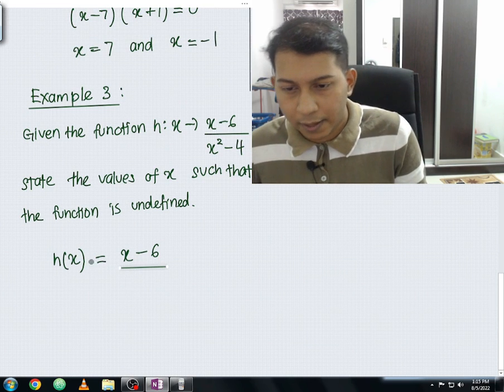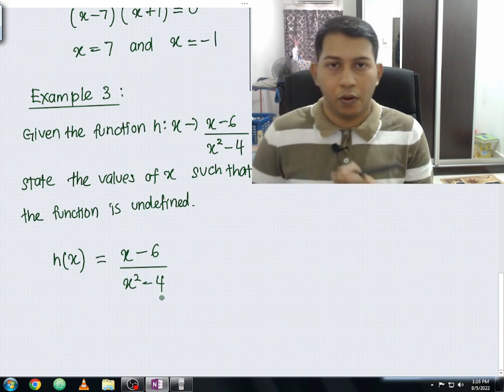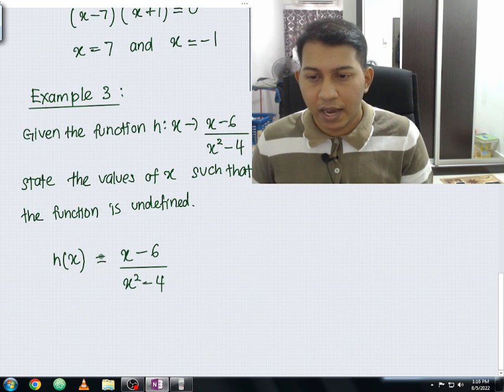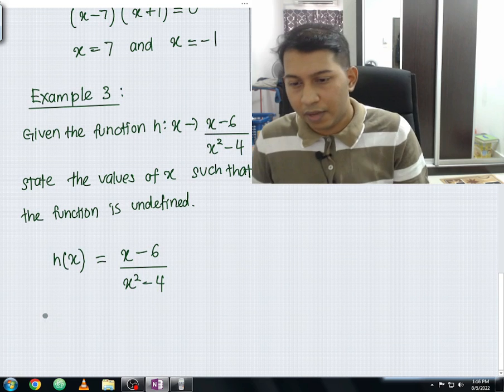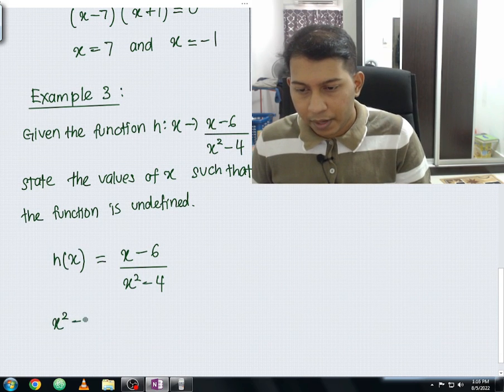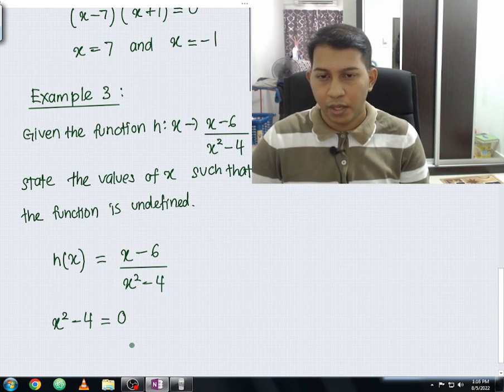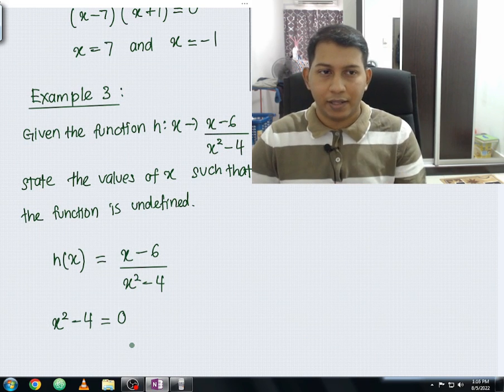over x square minus 4. So for the function to be undefined, you set the denominator equal to 0. So from here, x square minus 4 will be equal to 0. You can approach this equation in 2 methods.